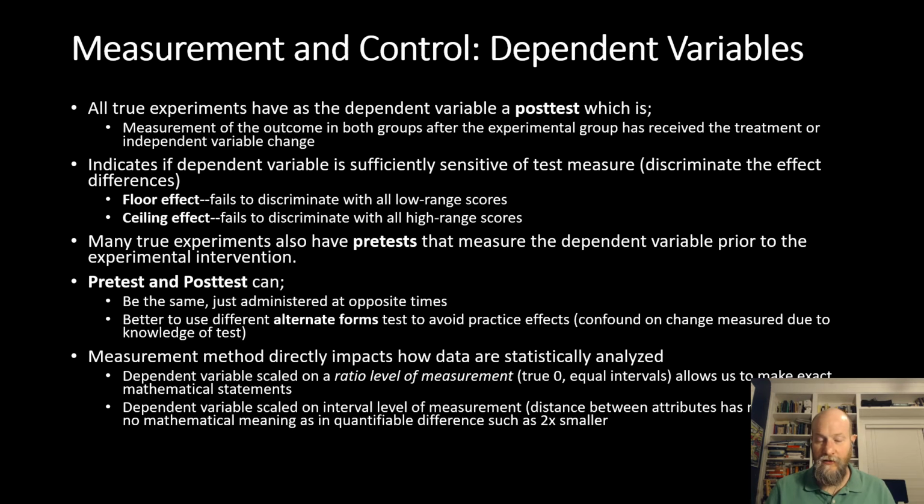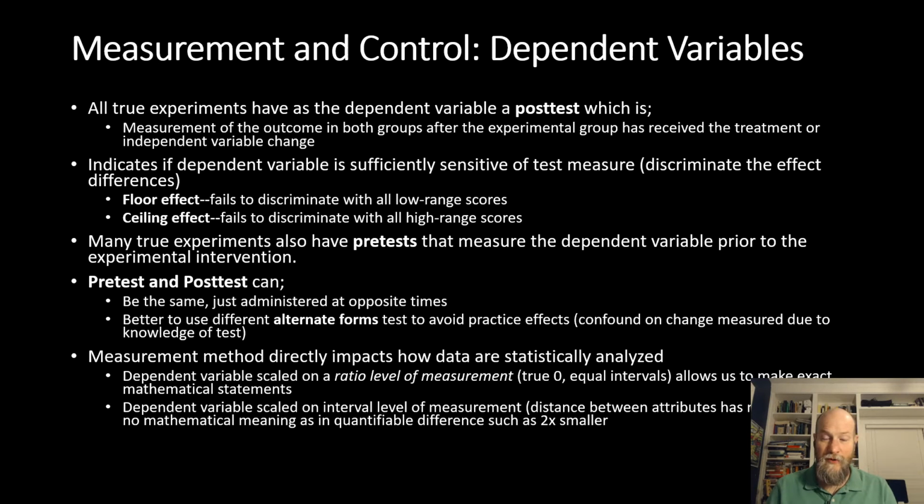Dependent variables scaled on a ratio level of measurement, remember, has a true 0 point, equal intervals between levels. This allows us to make some specific exact mathematical statements. For example, the Stroop test. Right? The Stroop test response time. It is measured on a ratio scale. Presumably there is a 0 point. No one could conceivably complete the Stroop test in 0, but it does exist on the scale that we're utilizing to measure.